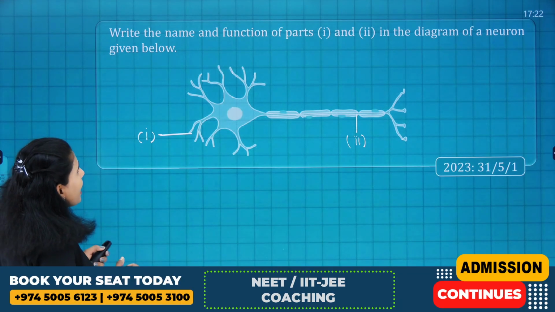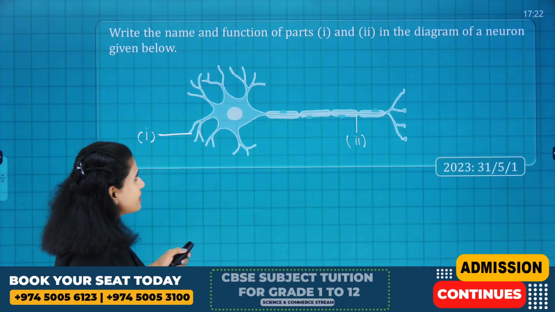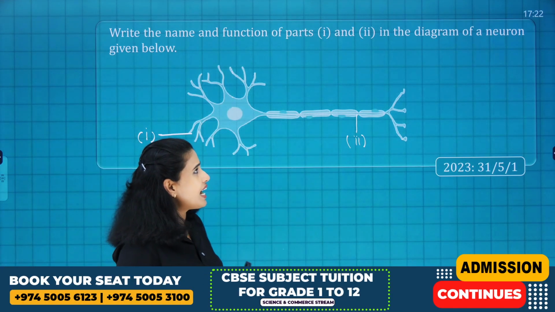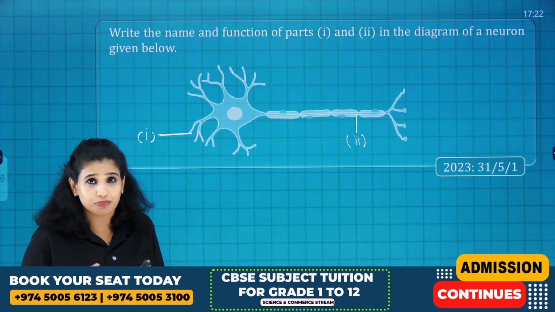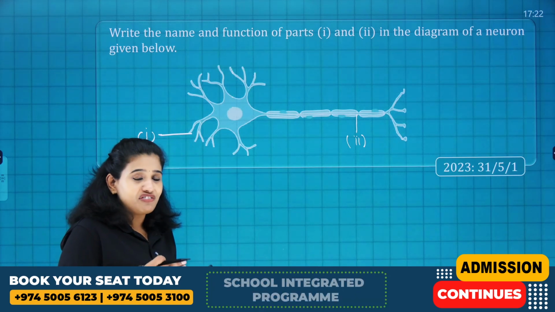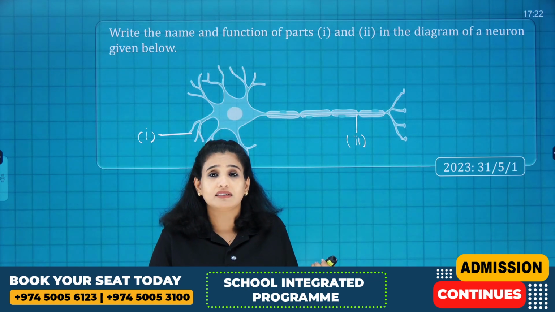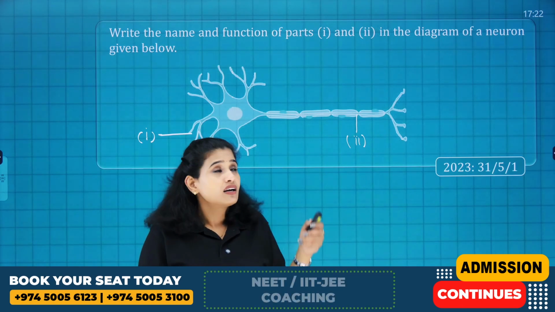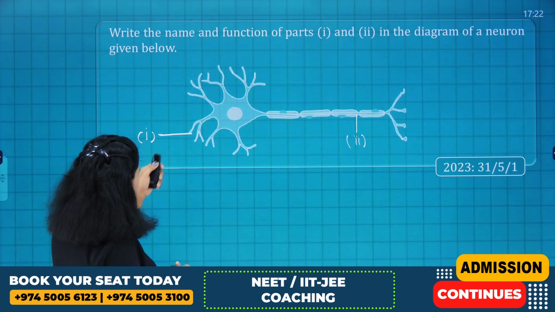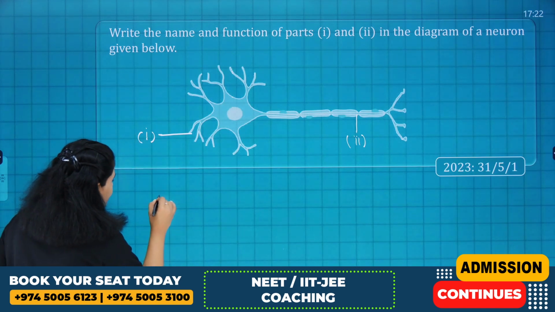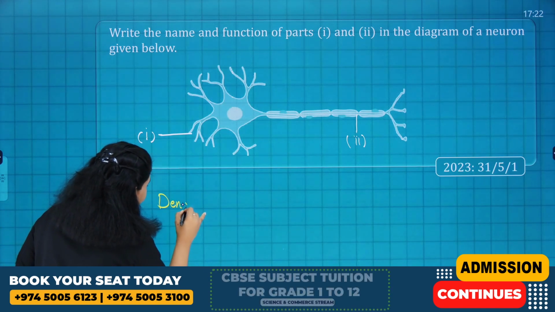Write the name and function of parts 1 and 2 in the diagram of a neuron given below. We have learned the structure of neuron previously. Now you have to mention the parts 1 and 2. What is 1 actually? This is dendrite, right?